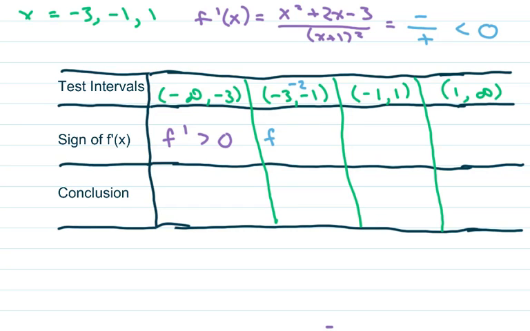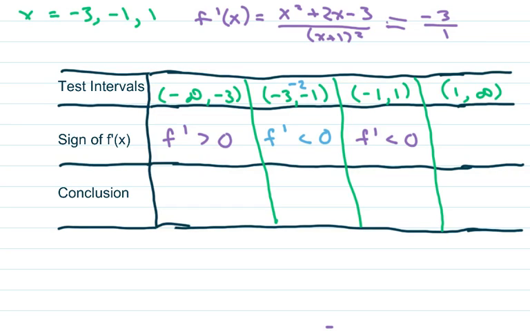So our derivative is negative. Now if I plug in 0, it's easier to see. I'm going to get a negative 3 over positive 1. That's negative.